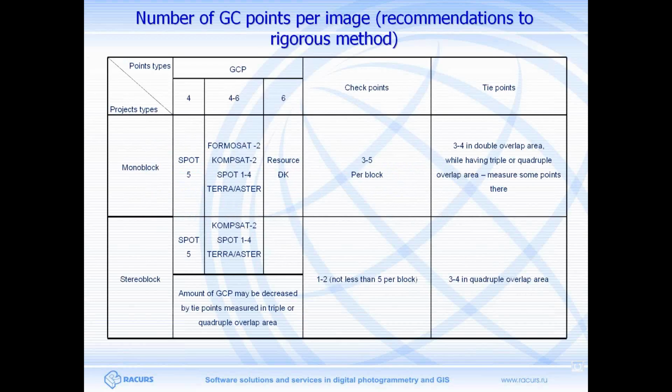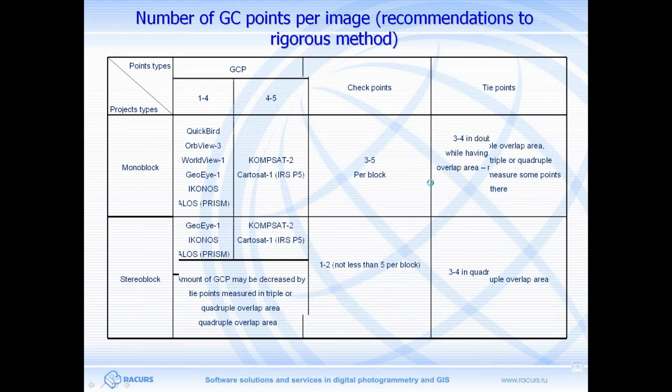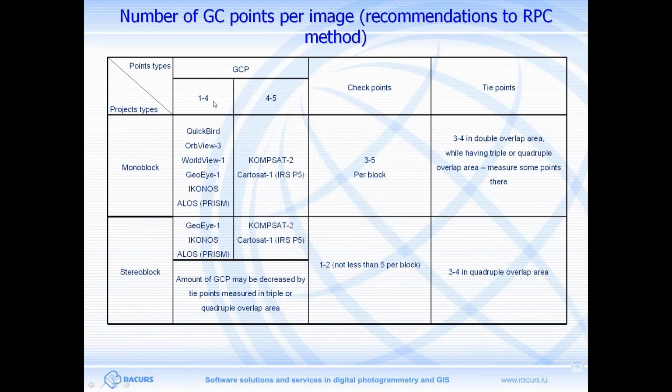Well, a bit about the number of ground control points. Of course, it's a very typical question. You can load this presentation after the webinar, so I just show it. 4, 6 points for different kinds of sensors for the rigorous method. 1, 4, or 4, 5 for the RPC method for different sensors again.